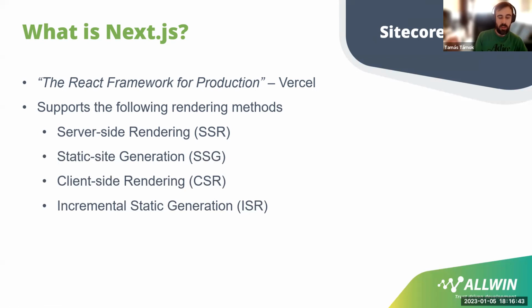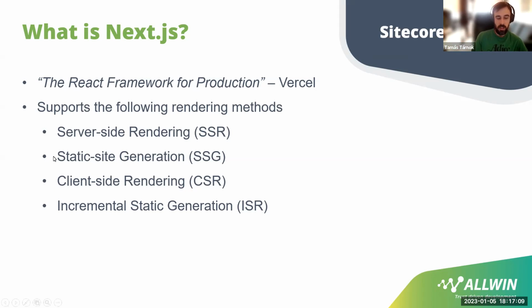This means basically that the pages and the HTML of one page is generated on publish time. So for example, when I change a page or a data source on a page, and if I publish that page, then the generation of the actual page is running on publish or after the publish and not on the request.